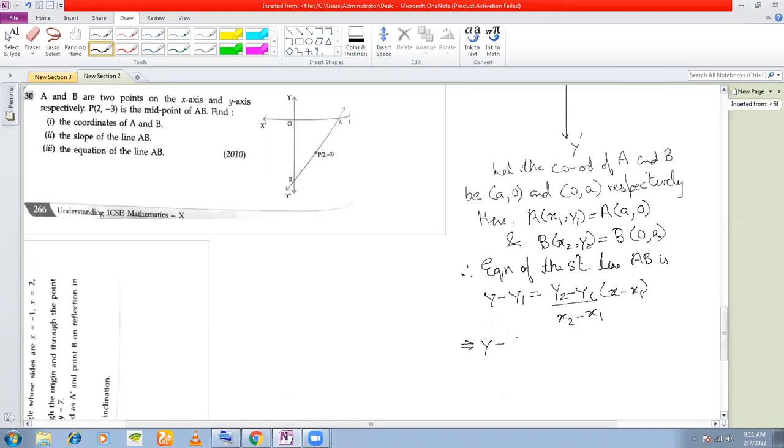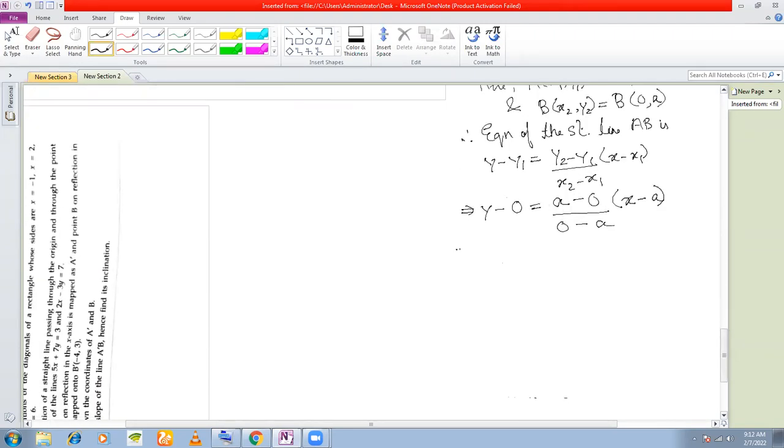Now put the values here. Y minus y1 is 0, y2 is a, y1 is 0, x2 is 0, minus x1 is a, into x minus x1 is a. That means you get y is equal to a by minus a into (x minus a).